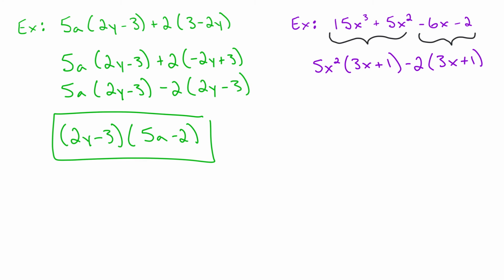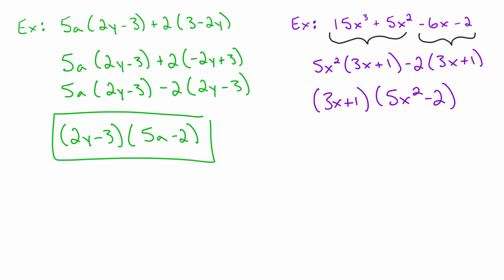It's exactly like this problem right here. The 2 sets in the parentheses are the same. That means we can factor it out. So I can factor out the 3x plus 1 because in this binomial, they both have that in common. And it'll become the quantity 3x plus 1 times the quantity 5x squared minus 2.